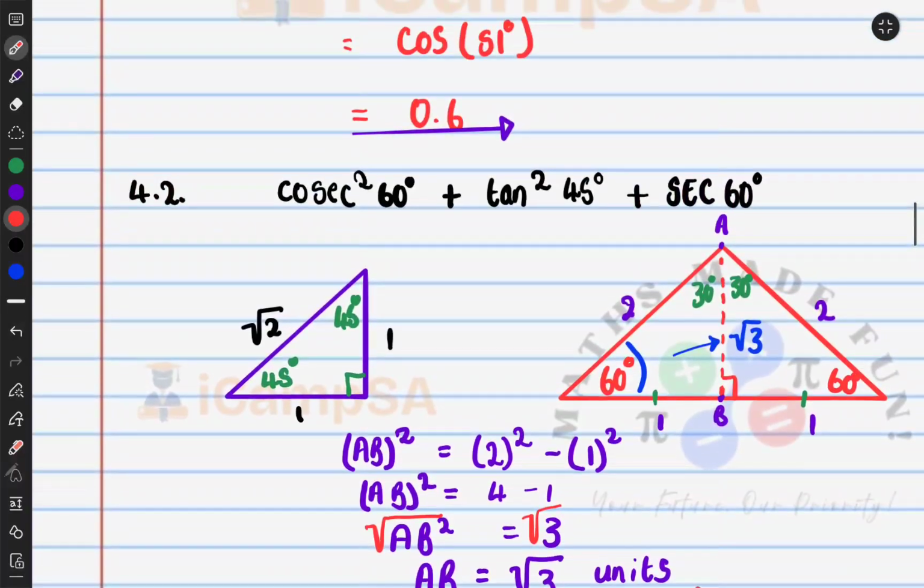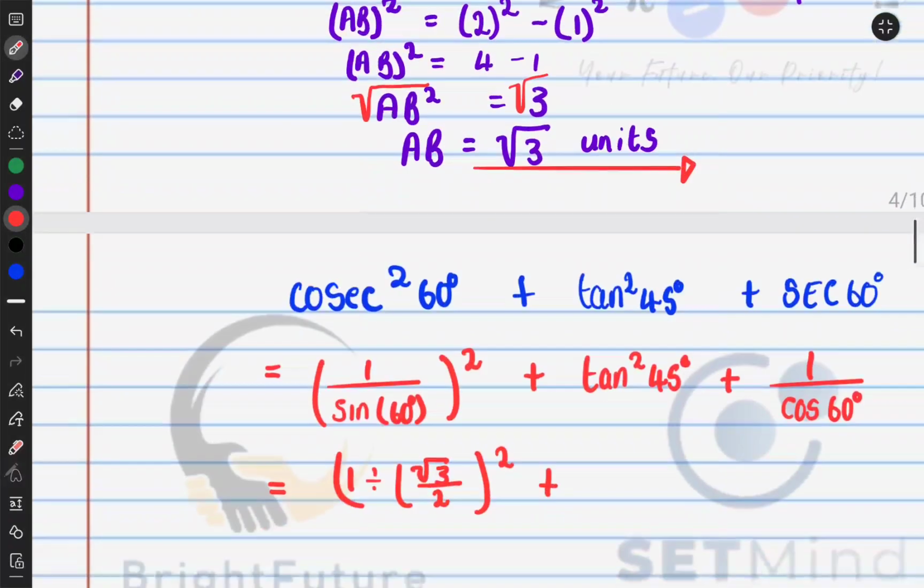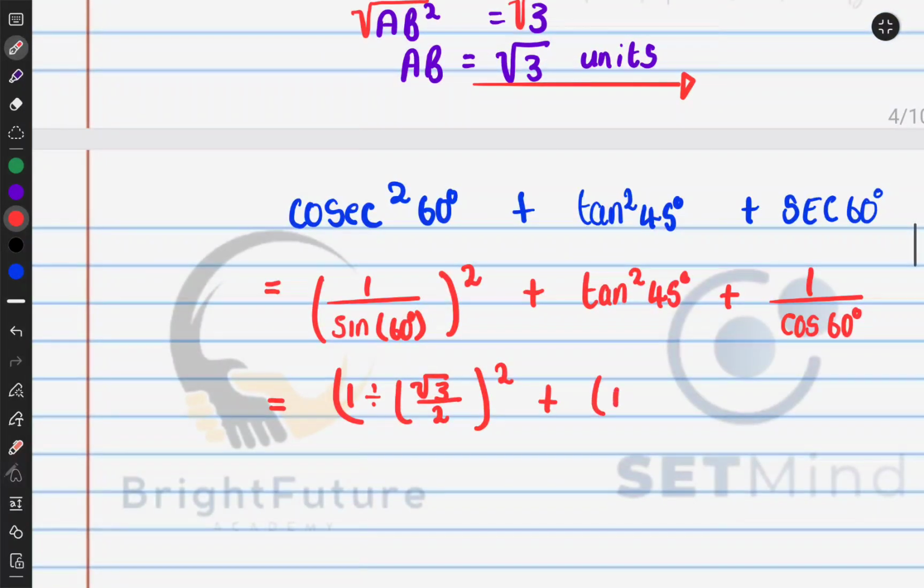What is tan 45? Tan 45 is opposite over adjacent, so it's 1 over 1, so we're going to have 1 over 1 squared plus 1 over what is cos 60.